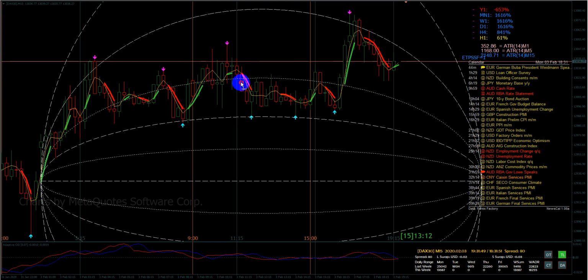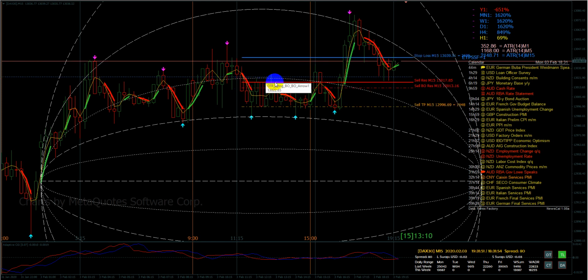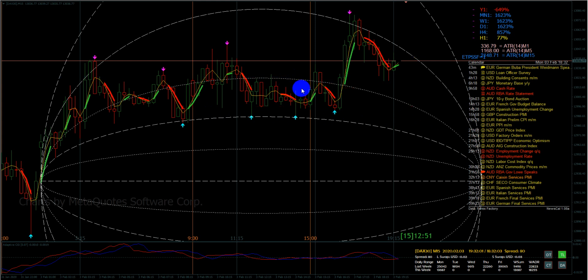This one was a good one, provided that the price was respecting this resistance right there. But then again, that's what those ellipses here are for, and the level of this ellipsis is some kind of a support. So it's basically pretty obvious.